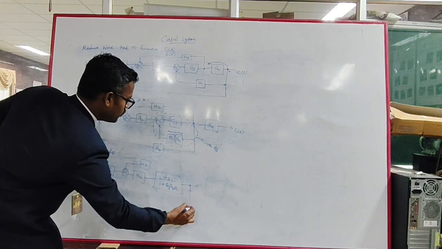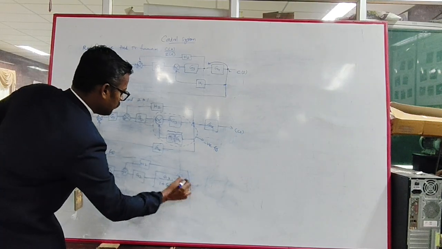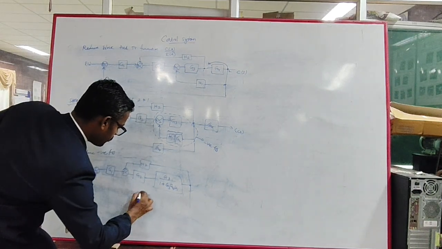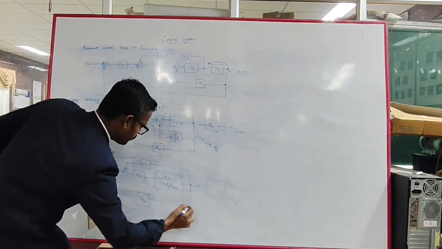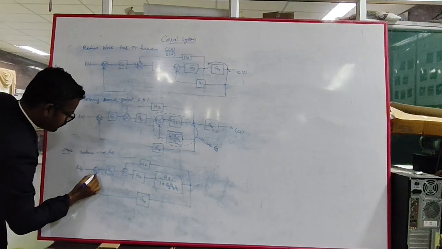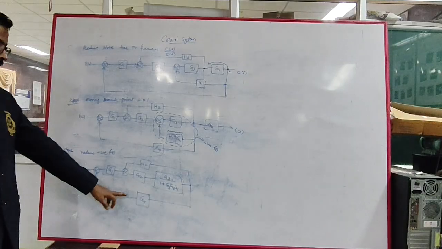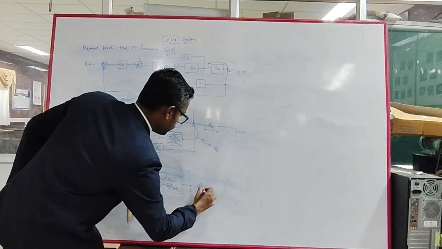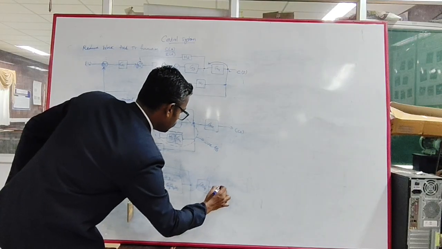Then from this one you are taking the tapping for this one and also for G4. Here it is being given to here. Okay, G4 is coming out here. Sorry, here also you are having the G4, and this is C.